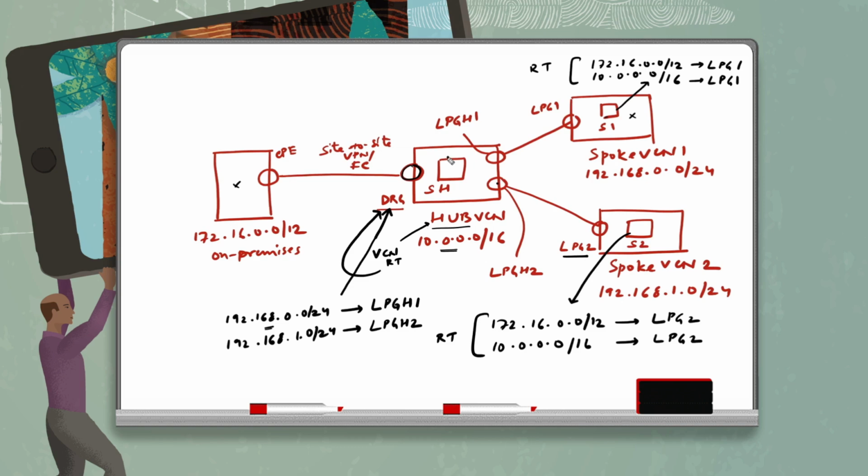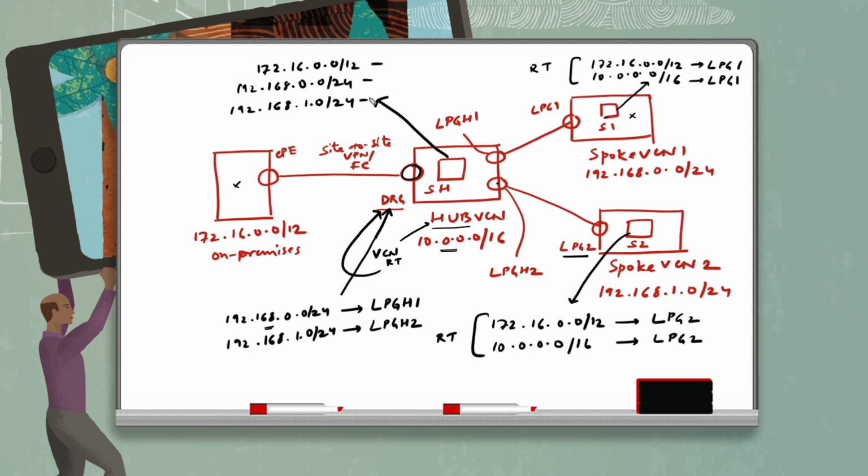Now let's look at the route table associated with this subnet hub. That means the subnet that is deployed in the hub VCN. So for this subnet, we will have 3 route rules. First, the destination, and then 192.168.0.0/24, and then 192.168.1.0/24.